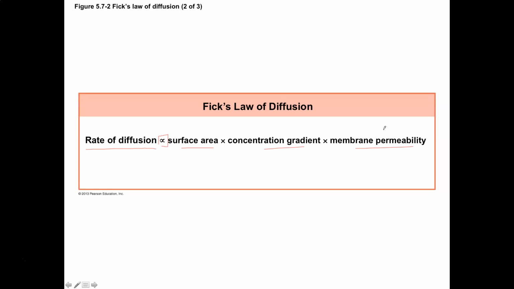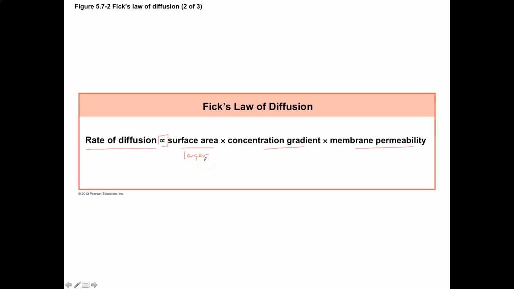And then we also have to take into consideration the surface area. Larger surface areas are going to have more permeability. So the larger the surface area, the higher the rate of diffusion, and again, often because it's related to the overall permeability of the membrane.